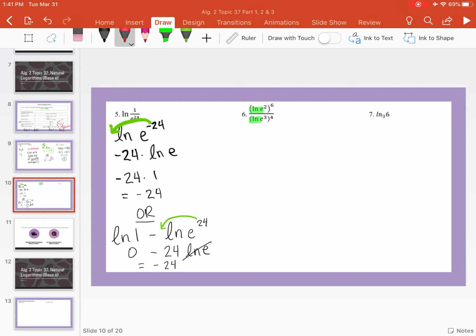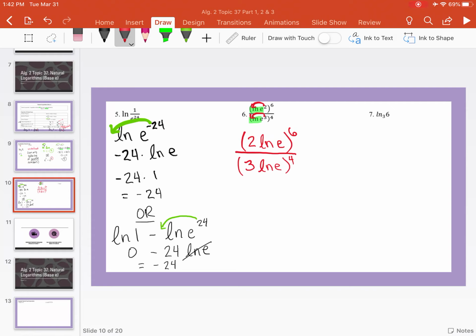So if I bring my exponent down in front, let's deal with within my parentheses first. I would get 2 times ln of e raised to the 6th power over 3 times ln of e to the 4th power.